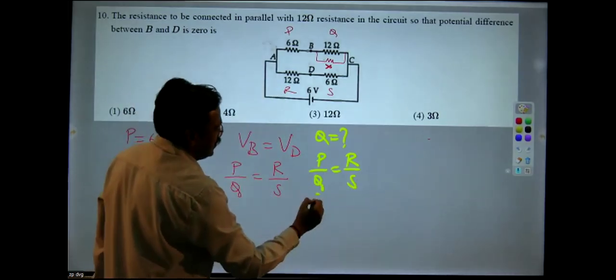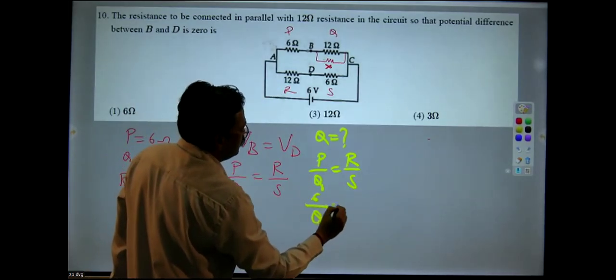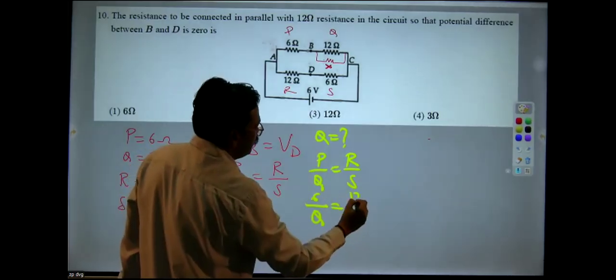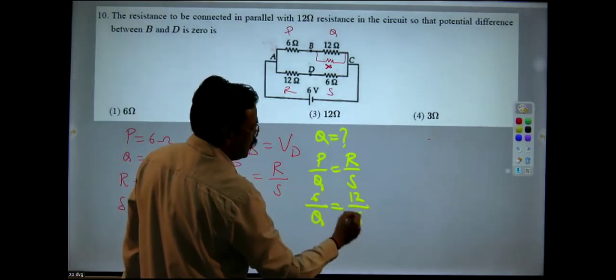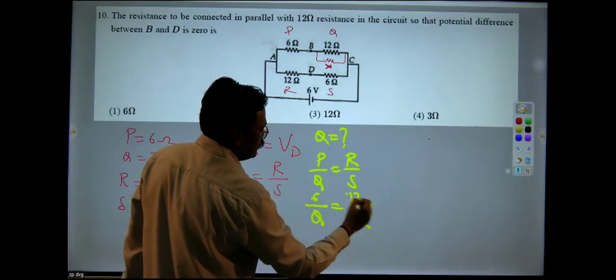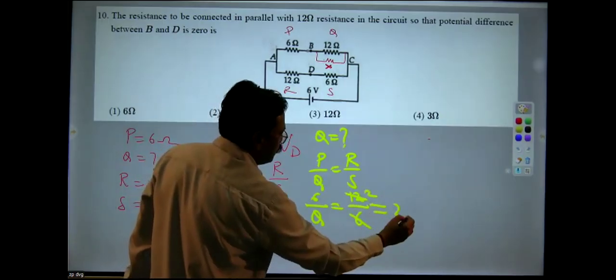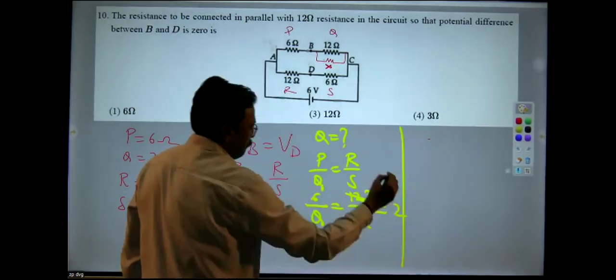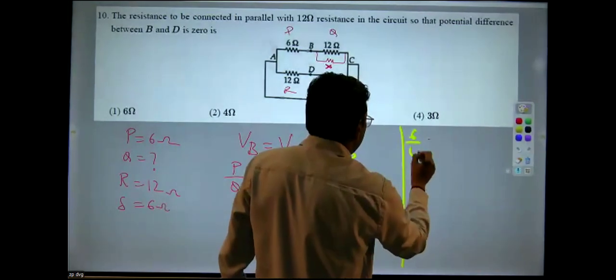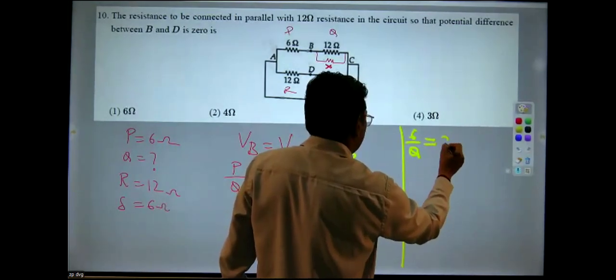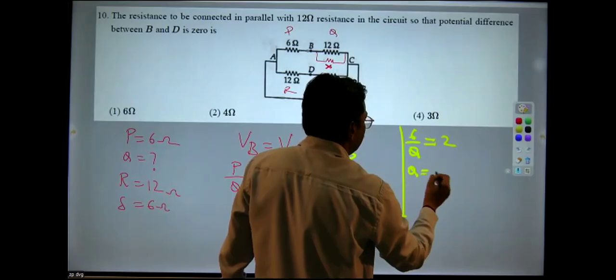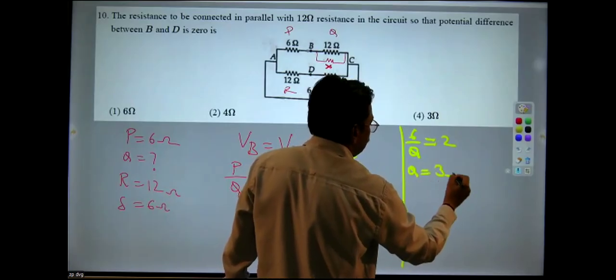P is 6, so 6 by Q is equal to R, which is 12, by S, which is 6. 12 by 6 simplifies to 2. So 6 by Q is equal to 2, and Q will be equal to 3.